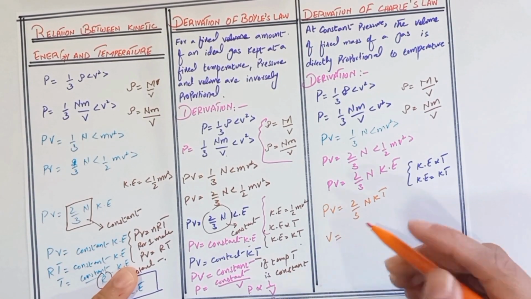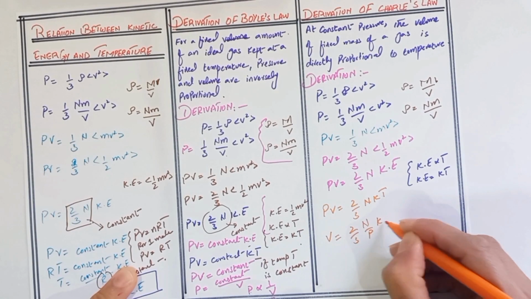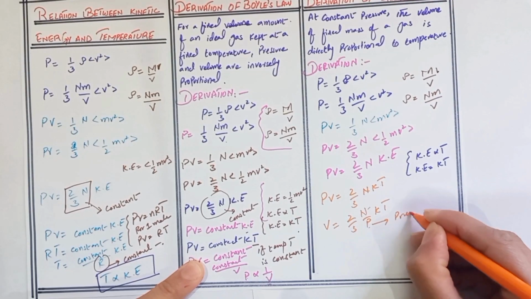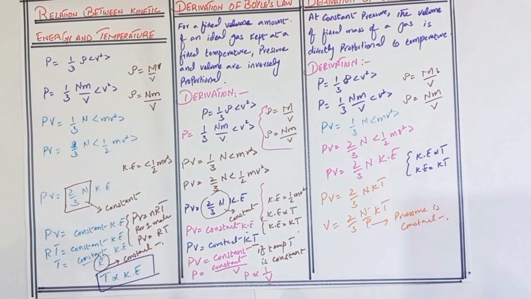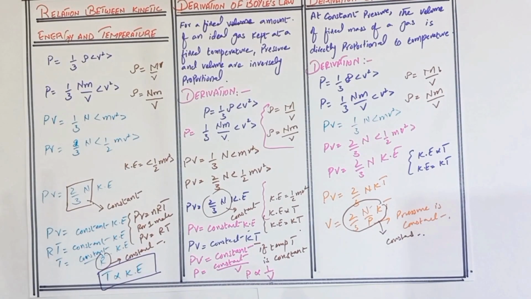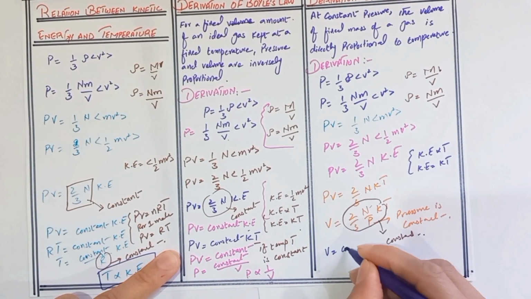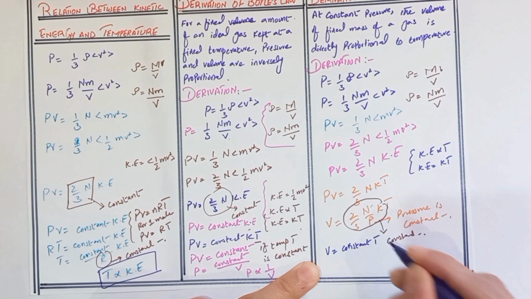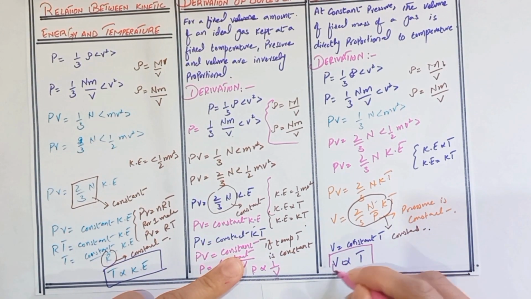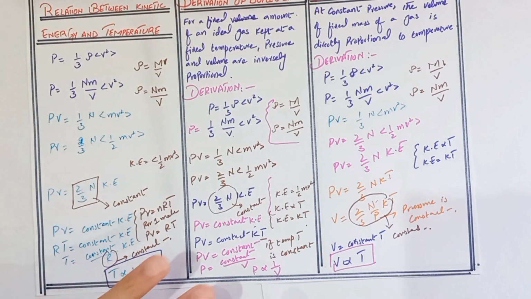If we divide by P, V is equal to 2 by 3 N K T over P. Here the number of molecules N is constant and the pressure P is constant, so this whole term becomes a constant. So we can write V is equal to constant times T, and V is directly proportional to T, and this is Charles's law. We have proved it.